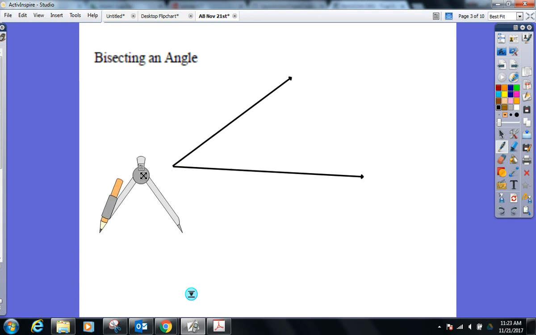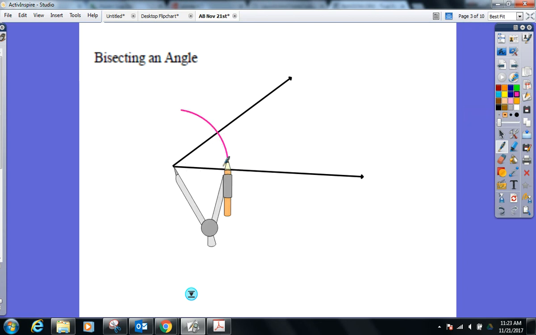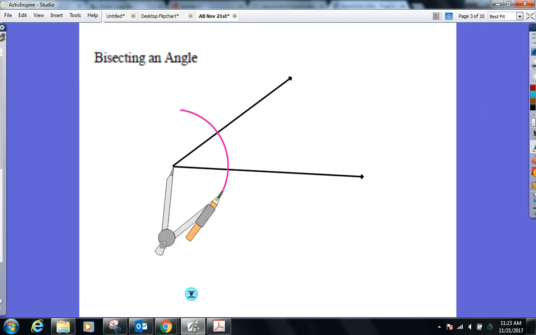Put your compass point on the vertex. And we're going to make an arc that intersects how many times? Twice, yep. Make an arc that intersects twice. Go from each point of intersection now. You have 2 points. I have mine right here and right here.